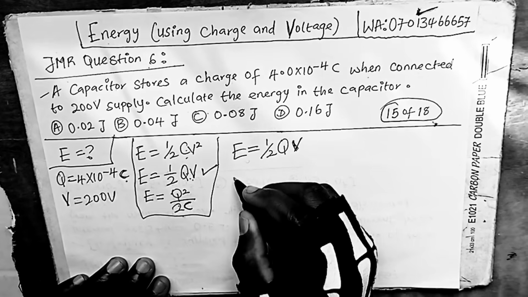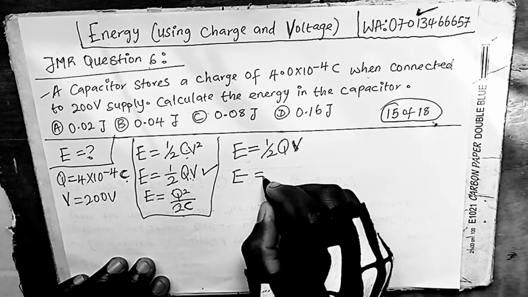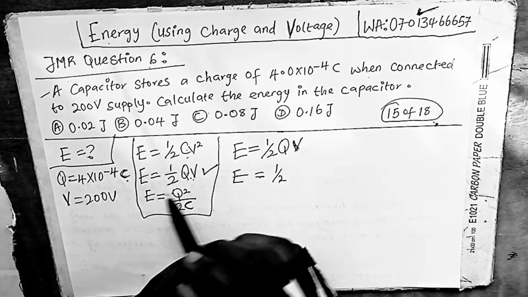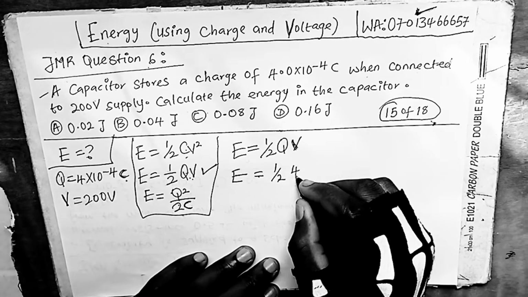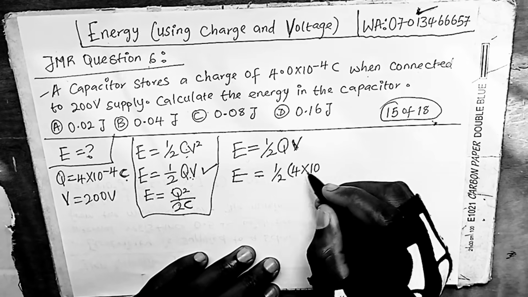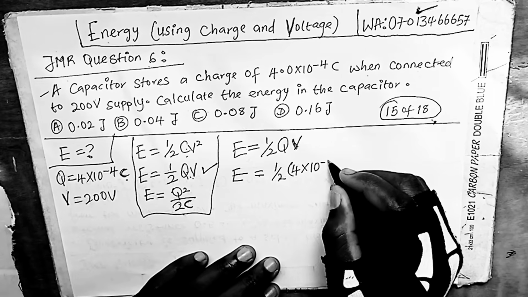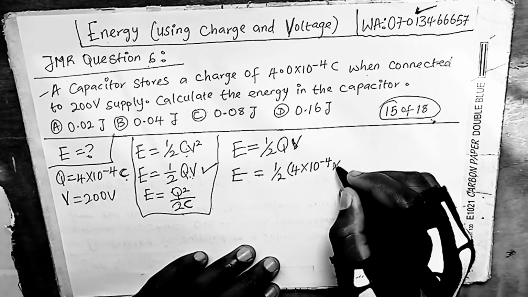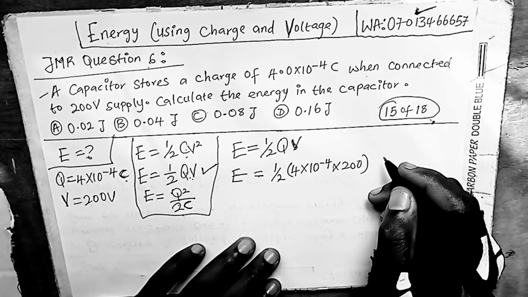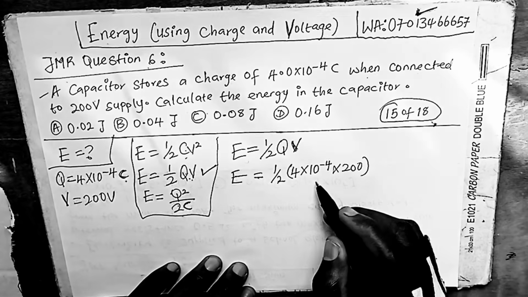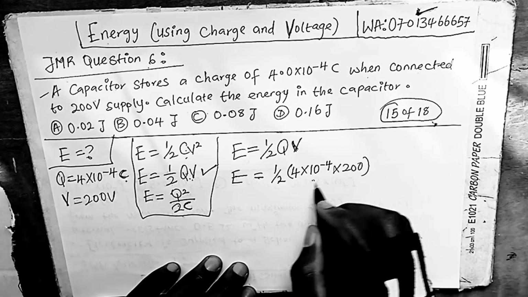Since we are solving with this, we substitute into the formula. E is now equal to 1 over 2 times Q, which is 4 times 10 raised to power minus 4, times V, which is 200. I would like to convert this to normal form.